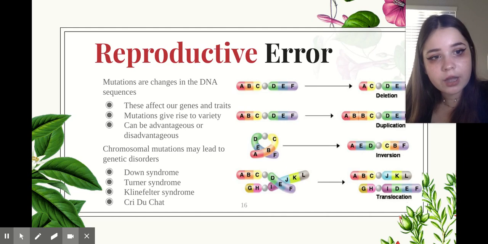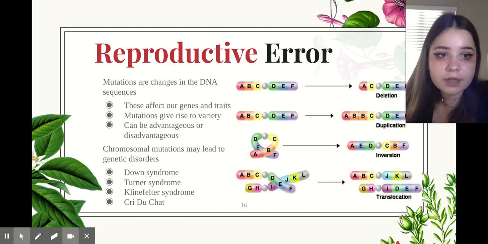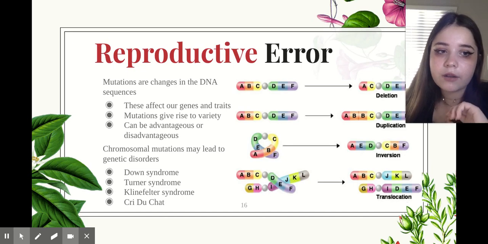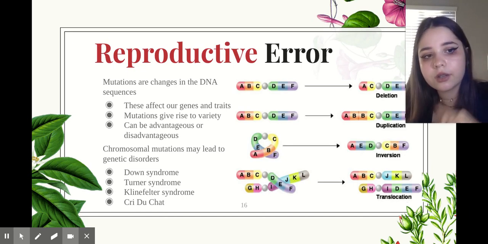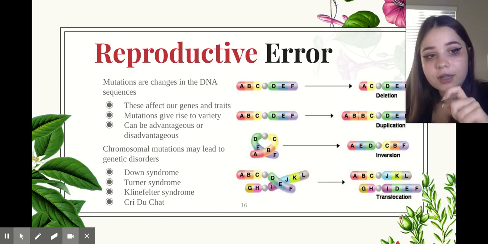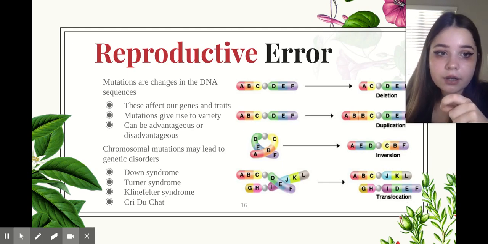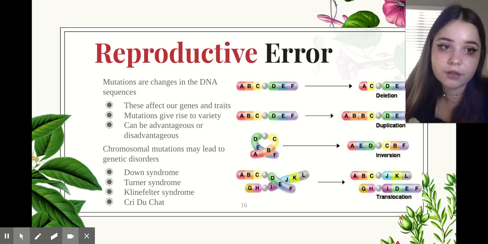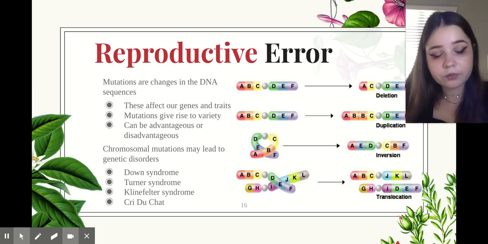But any mutation that happens within sex cells leads to variation. So that's what you have to keep in mind, right? During reproduction, if you have a cell that is mutated or has some different DNA, then you have a different trait. And so that's where most of the variety comes from.